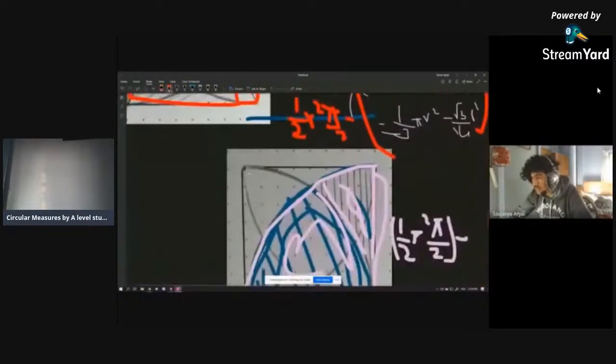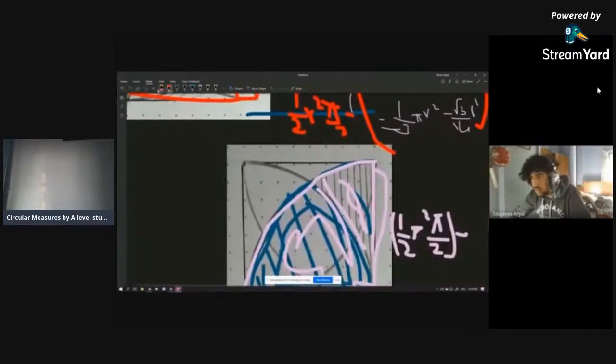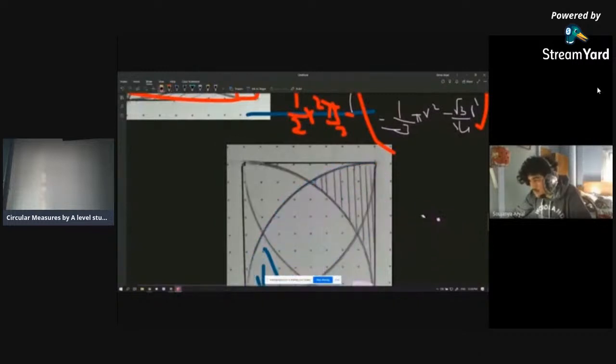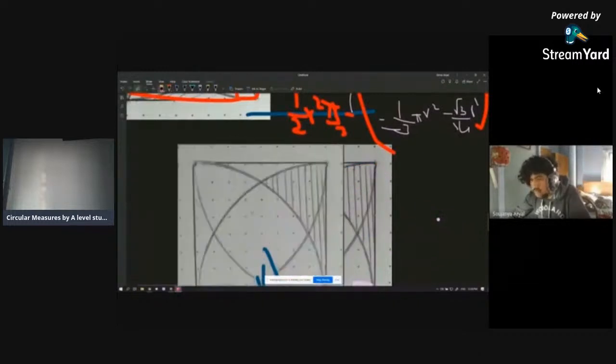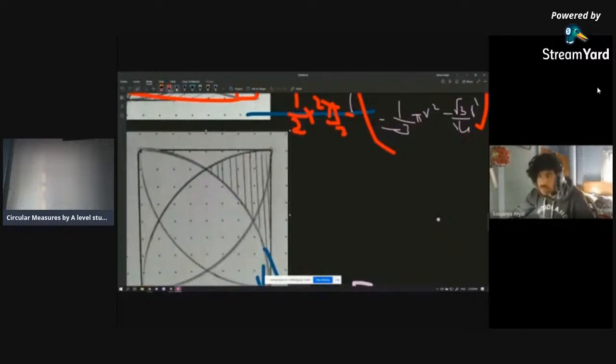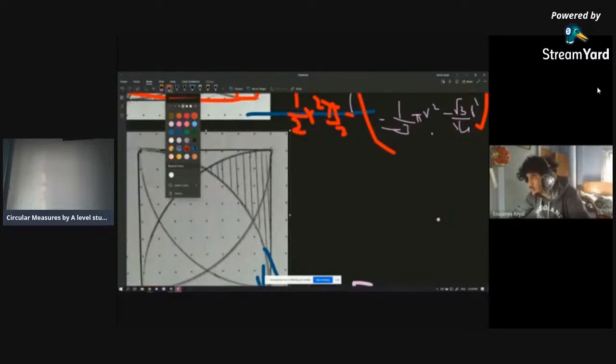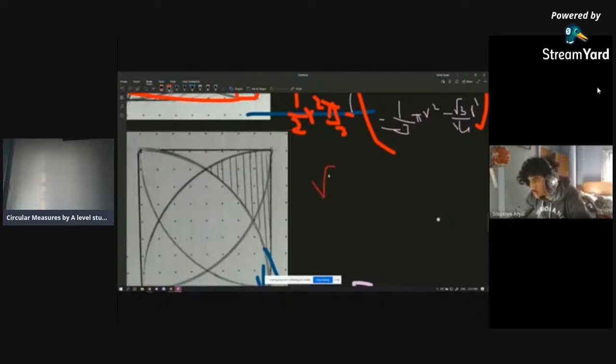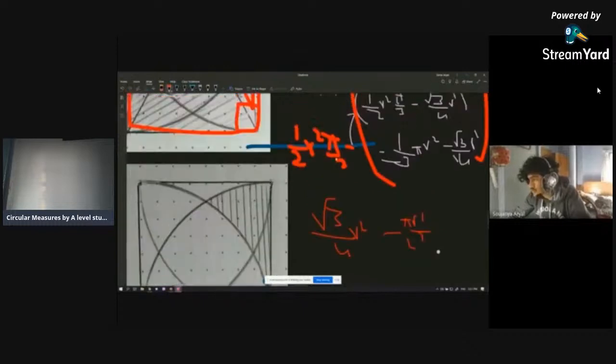So if we equate this, I'll not equate this step by step because it will take time. What you end up with is root 3 by 4 r square minus pi r square by 12. This is just solving this equation.